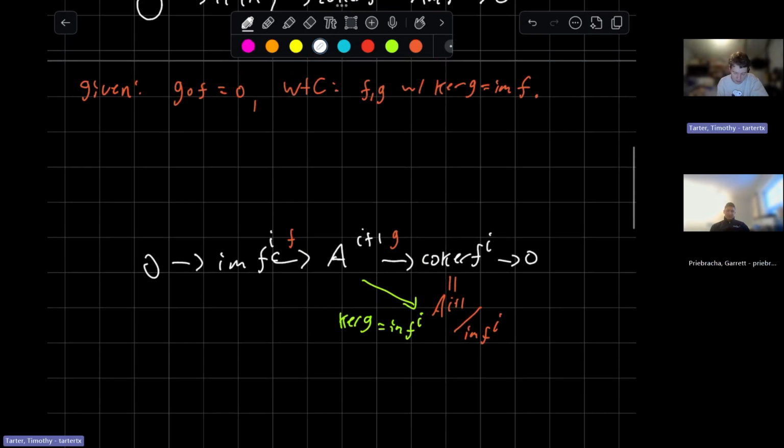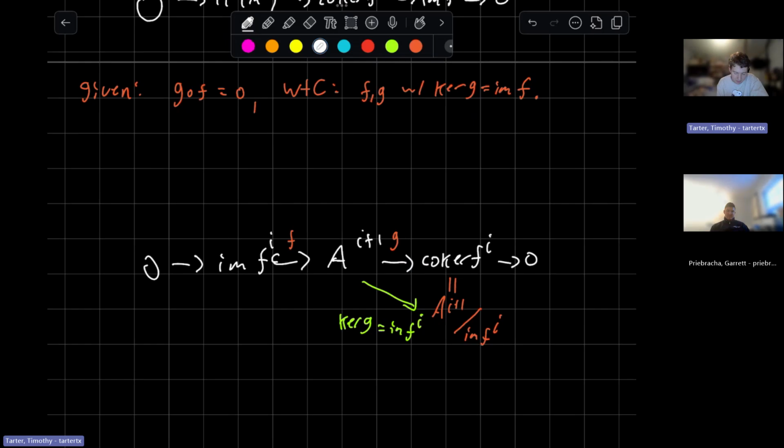And so ker G is the image of F_i. And then we just need to show that there's a one-to-one correspondence here. Okay, that makes a lot of sense. I will say this though: as long as that is an injection and it's just an embedding, then it's an exact sequence.